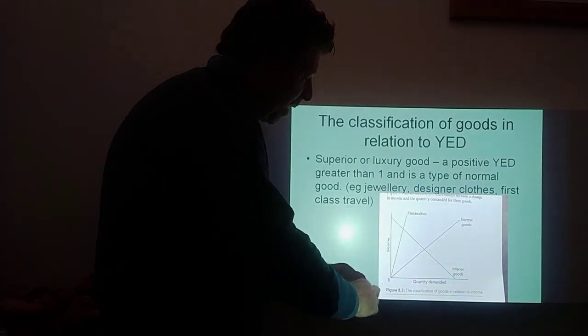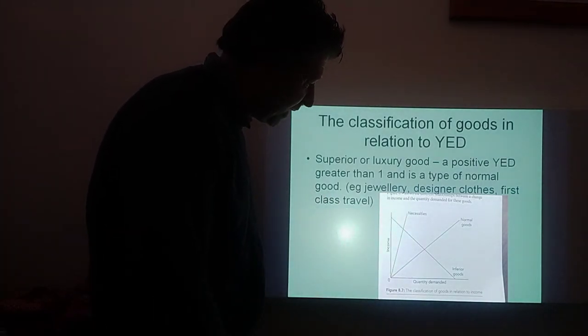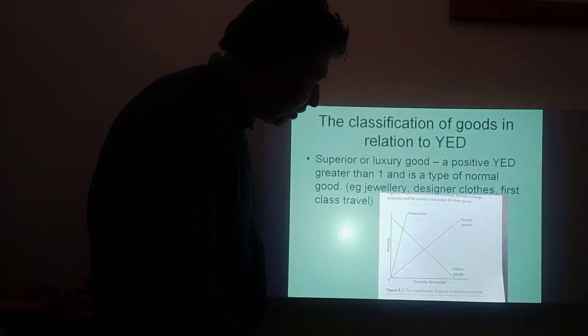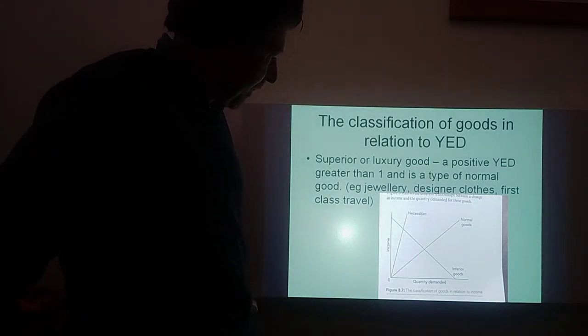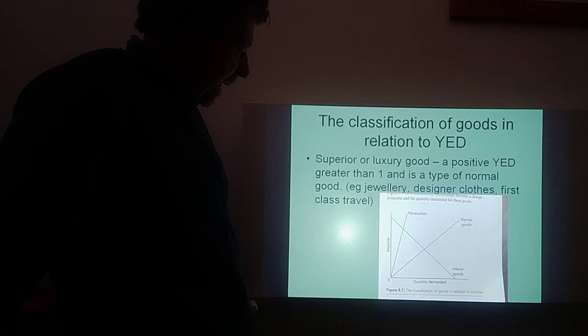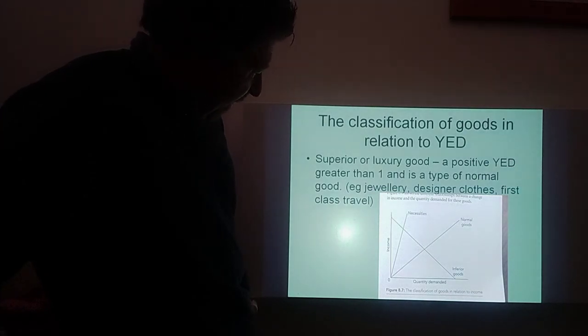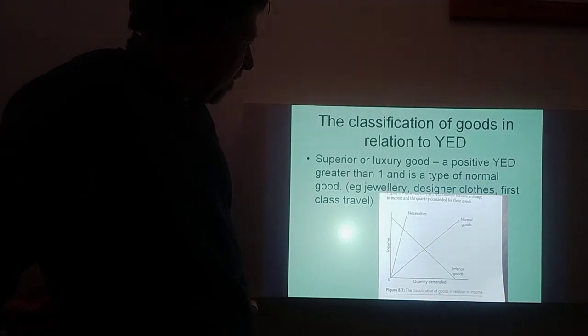Necessities is more vertical, whereas luxury goods would be more... in fact luxury goods aren't on there, but they're a part of normal goods. Okay.